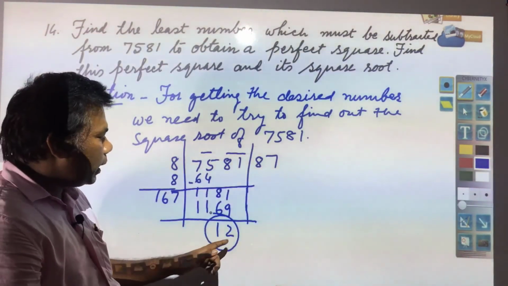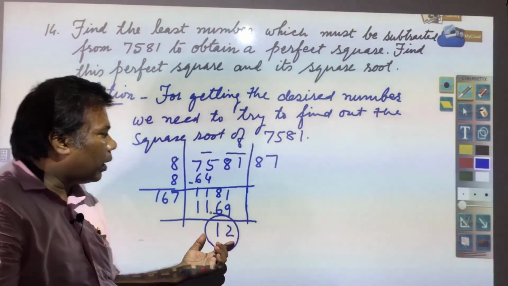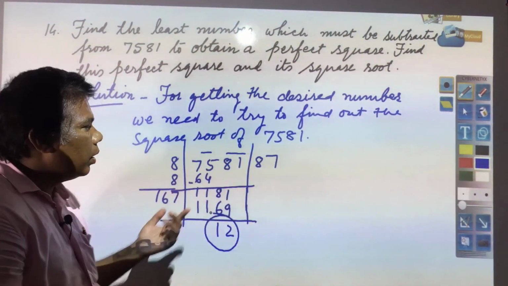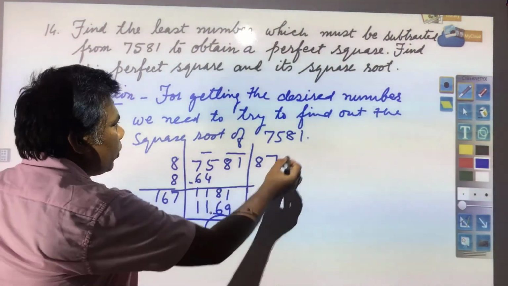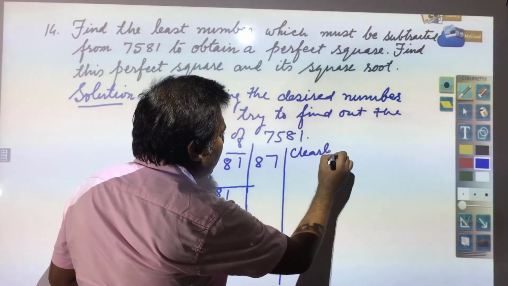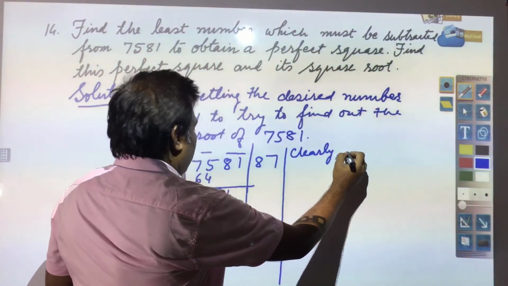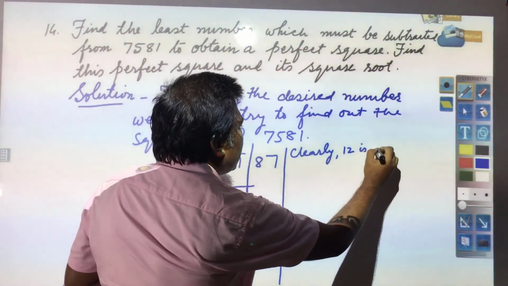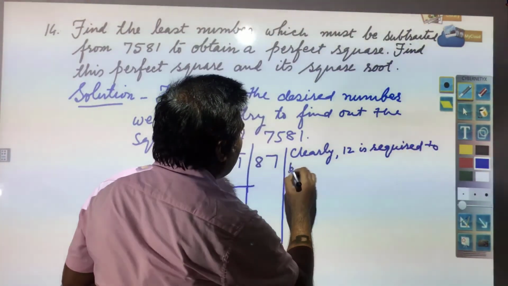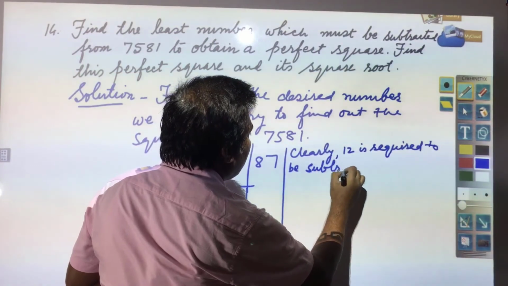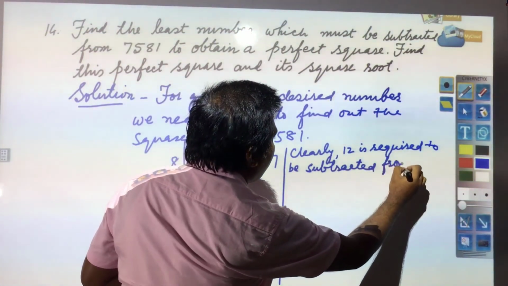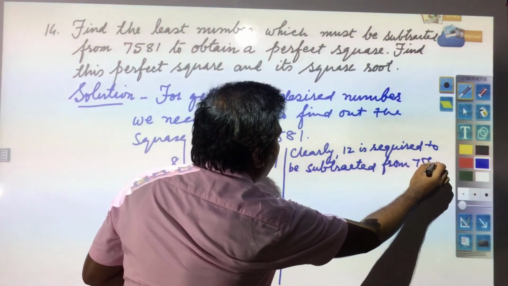So, just you see what remainder is coming, that is required to be subtracted from the given number, so that you will get a perfect square. So, now clearly what you will write? 12 is required to be subtracted from 7581.